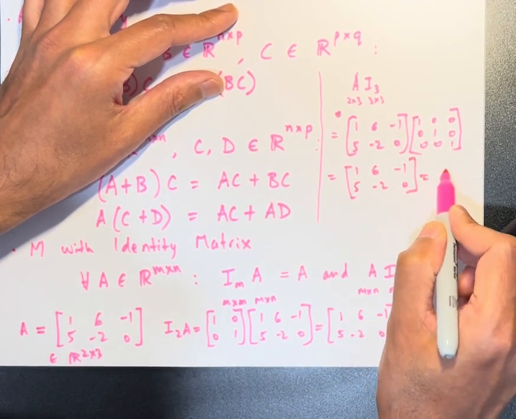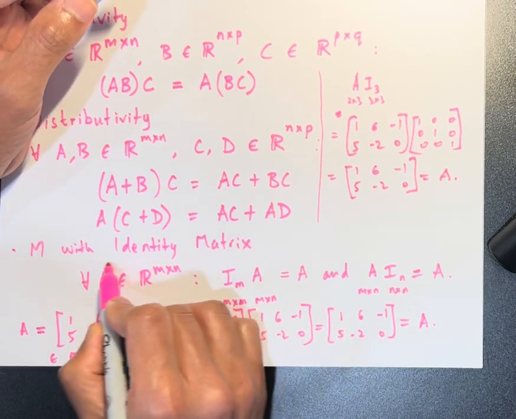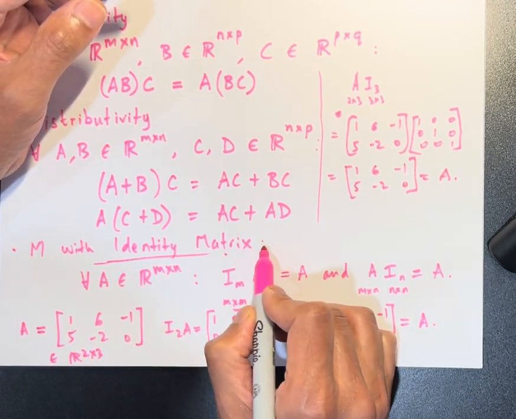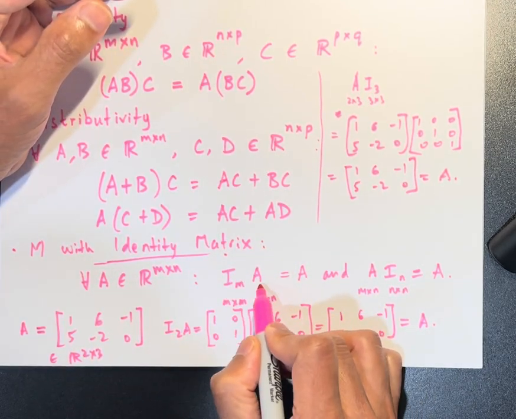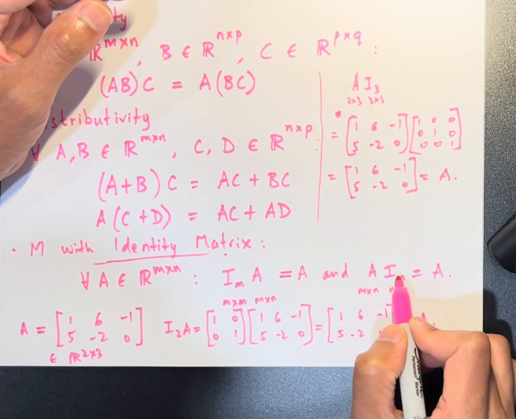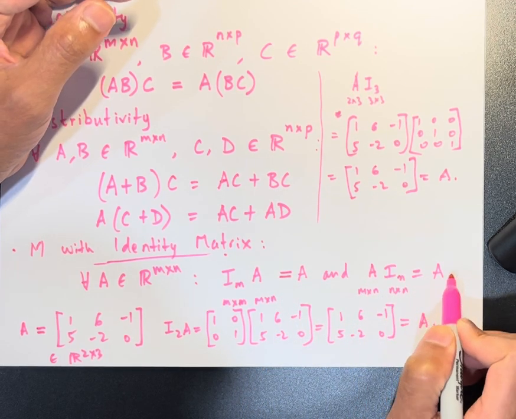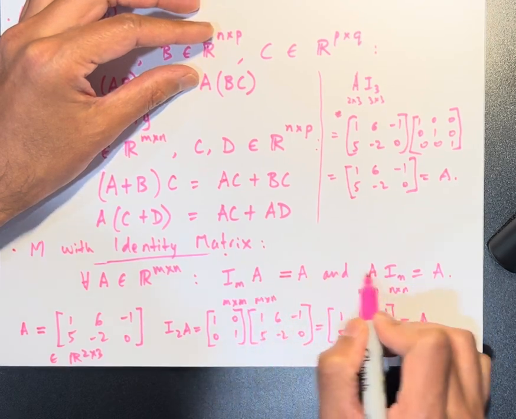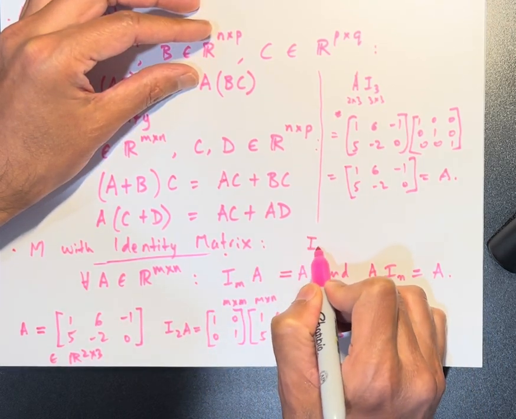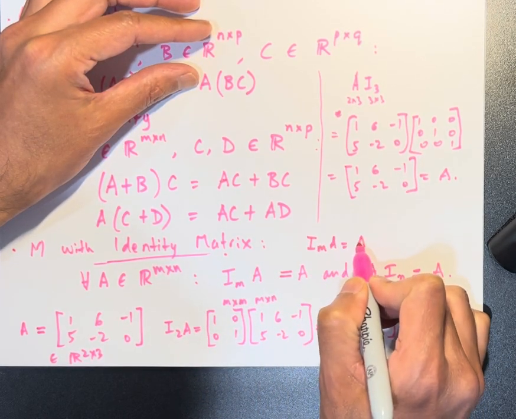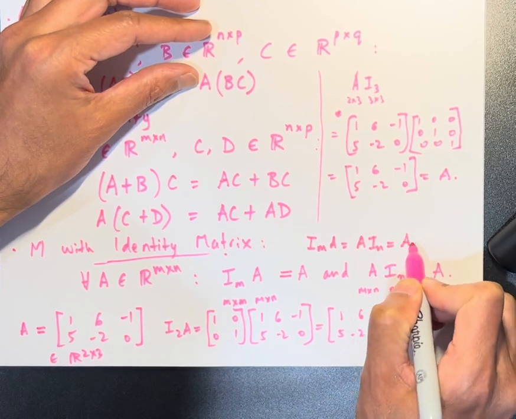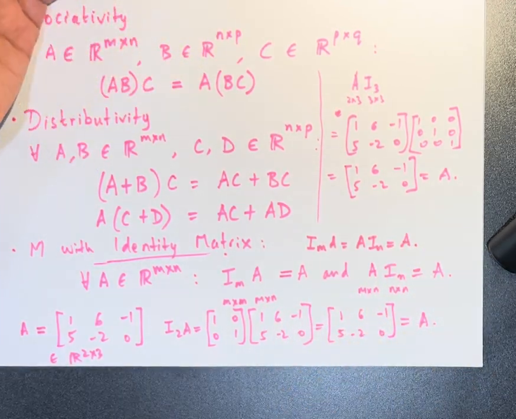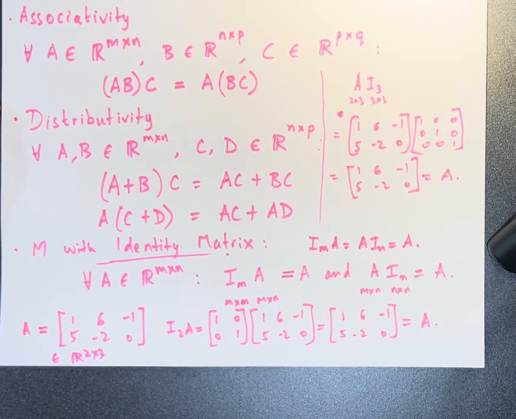So this is again equal to A. That is the multiplication with identity property: Im times A equals A, and A times In is also equal to A, and in the book they have written this whole thing combined as Im times A equal to A times In equal to A, which is the same thing. Okay, all right, so with that we'll close and we'll see you in the next video.